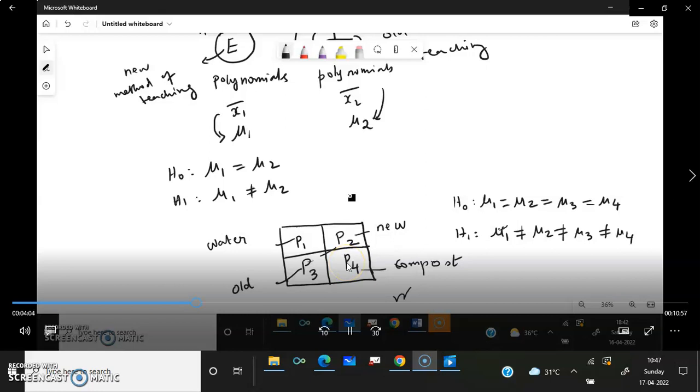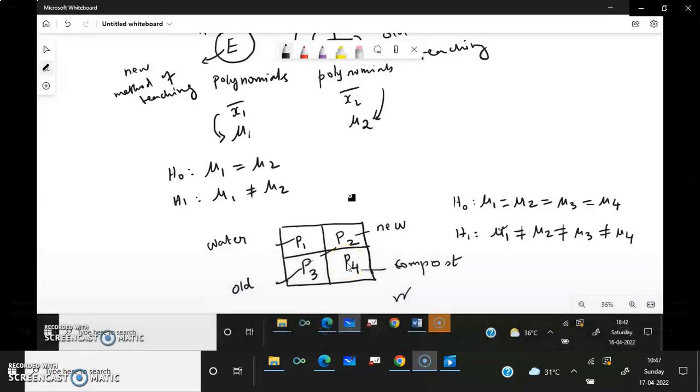So there will be a problem with the power of the test. Therefore we are going to use Anova, and Anova is very useful. It is better than using the t-test. By this time you understood, I think, right?